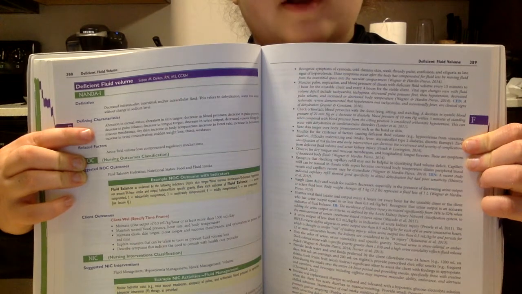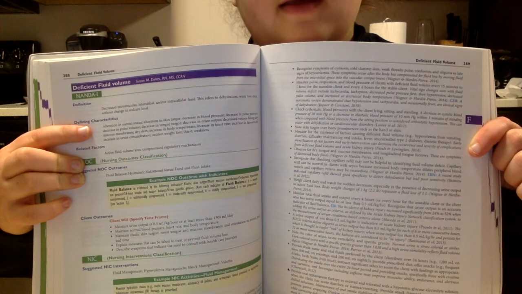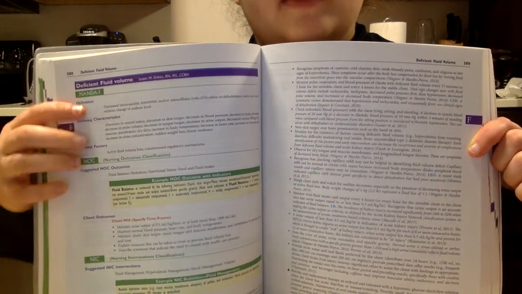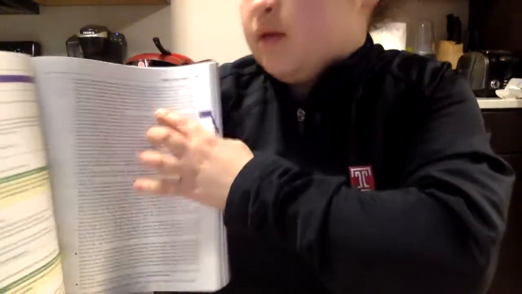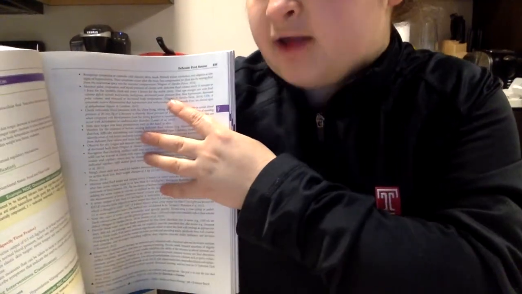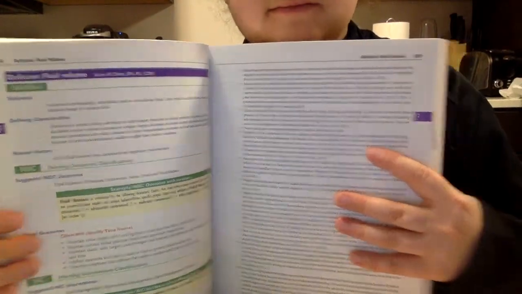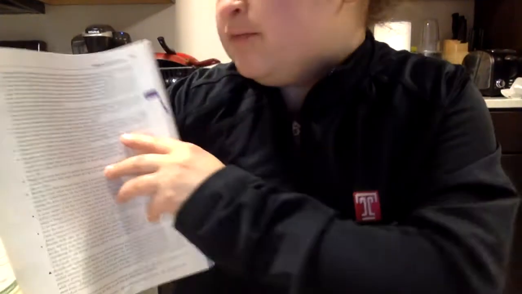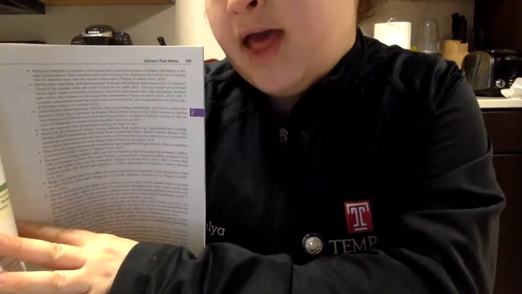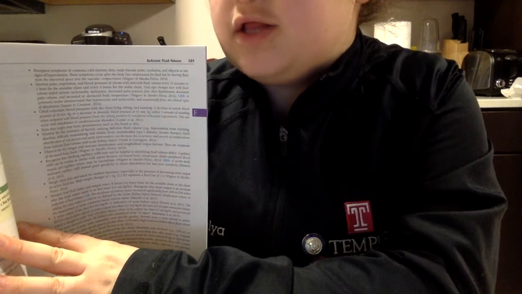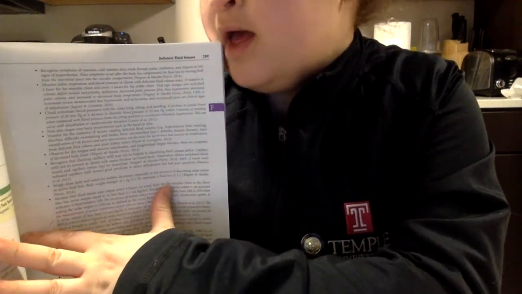That's what you're going to put as your "as evidenced by." So we say deficient fluid volume related to, let's say, active fluid volume loss. So if the person's having a hemorrhage. And then as evidenced by, you give us your defining characteristics, like decrease in pulse pressure, decrease in pulse volume, et cetera.